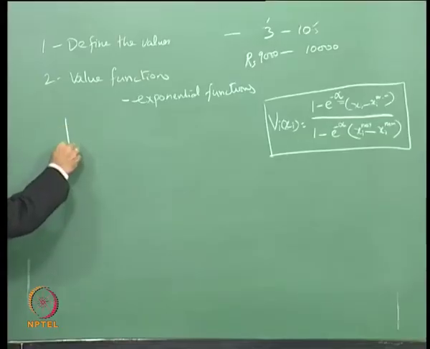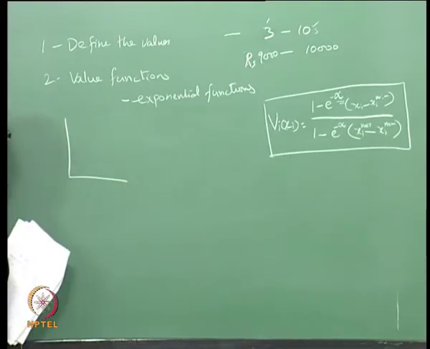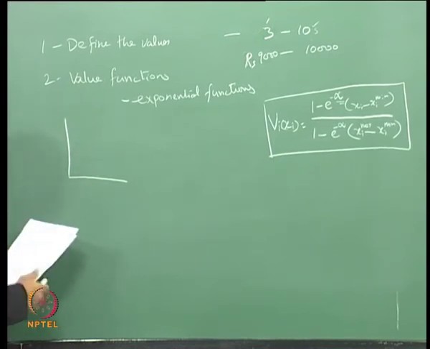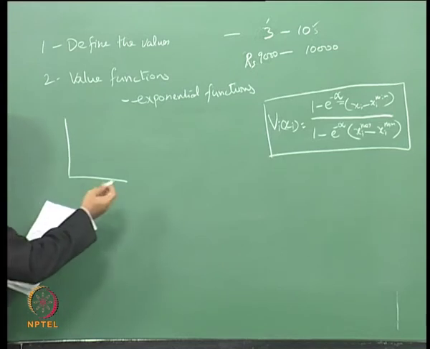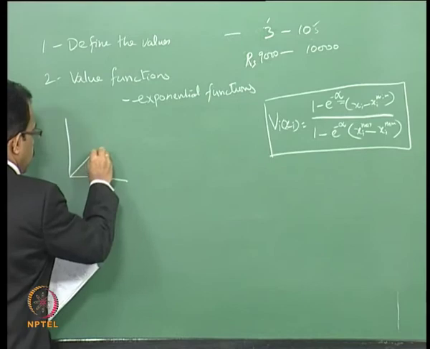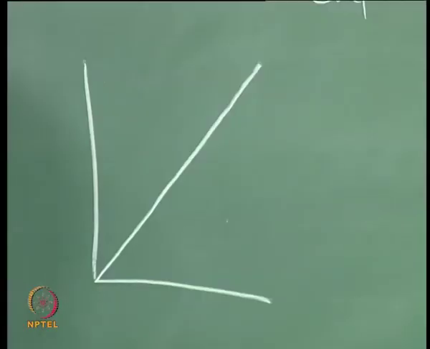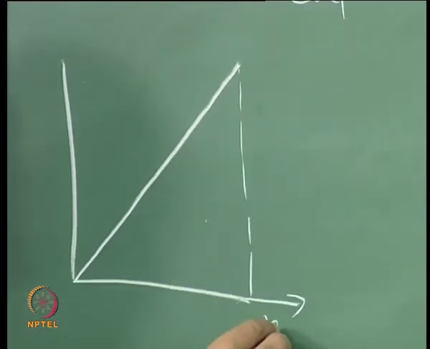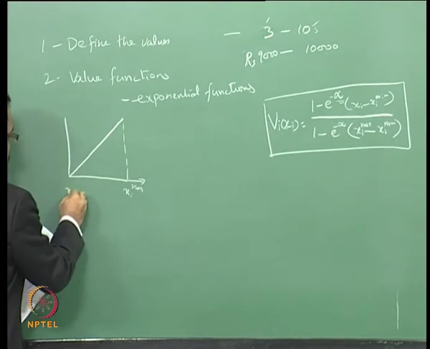The first one is linear return to scale. You can have a linear return to scale like this. This is the xi max and this is the xi minimum.